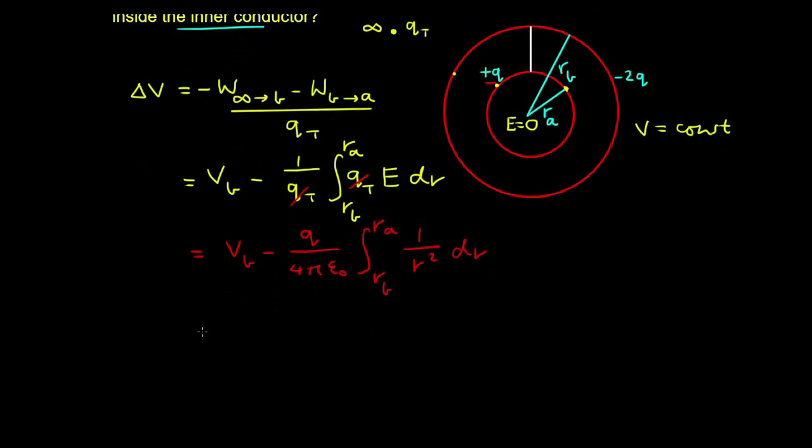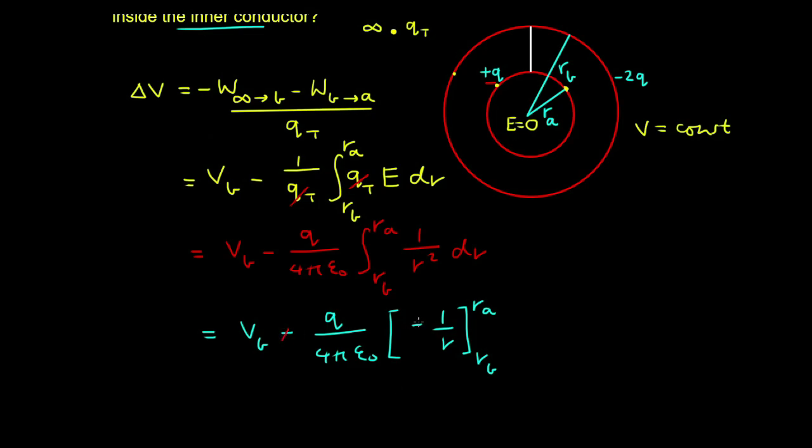And now if we evaluate this integral, you'll get the potential at B minus Q on 4 pi epsilon naught, and we get minus 1 on R evaluated from Rb to Ra.